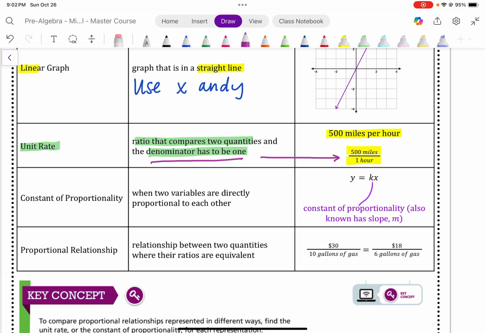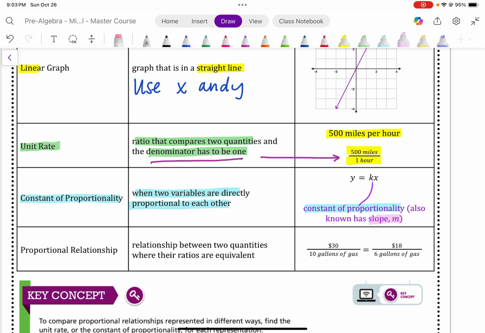The constant of proportionality is when two variables are directly proportional to one another. So we can use this equation: y equals k times x. K represents that constant of proportionality, and later on we're going to call it by another name, slope.